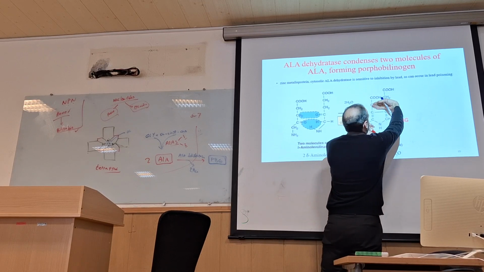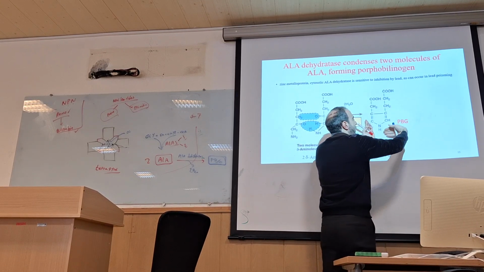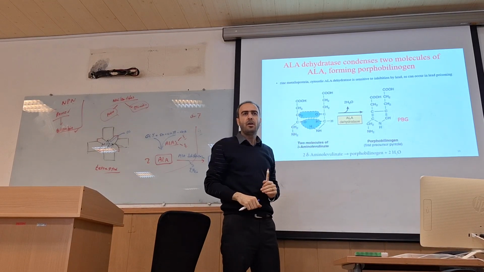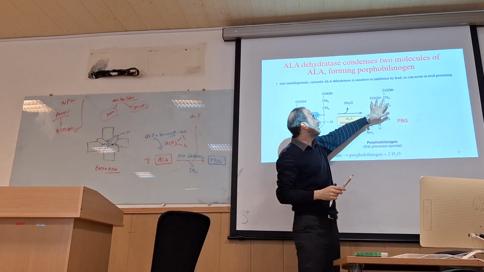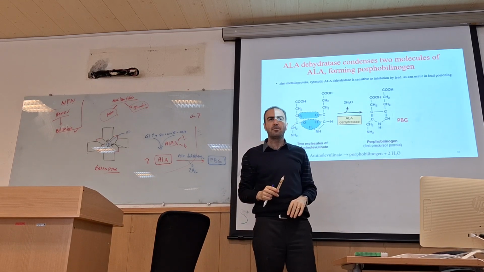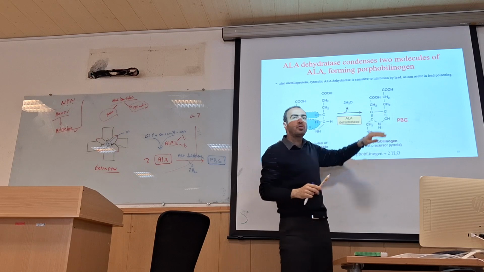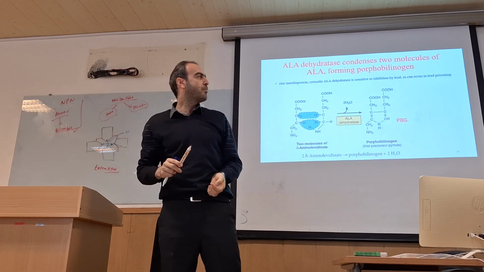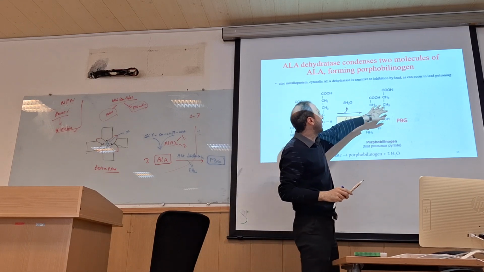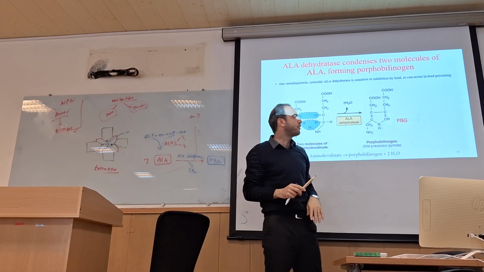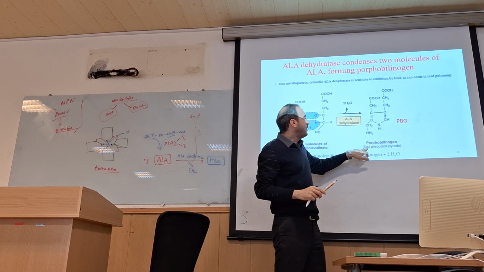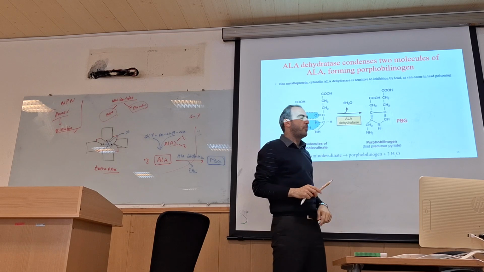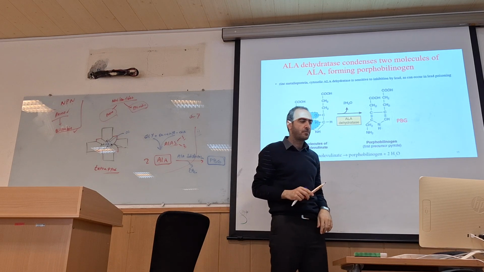If you look here, it is similar to pyrrole, but it also has some branches. These branches are important to produce different kinds of porphyrin, and based on these branches, we can categorize porphyrins. It is the first precursor of pyrrole.